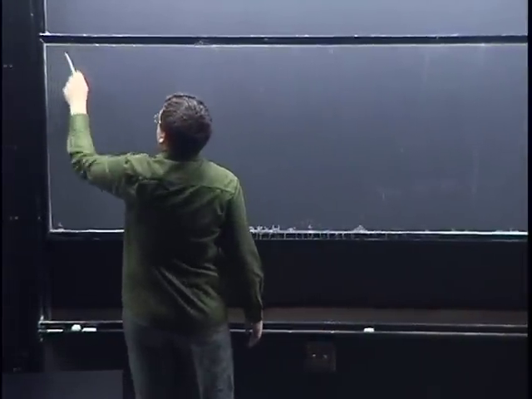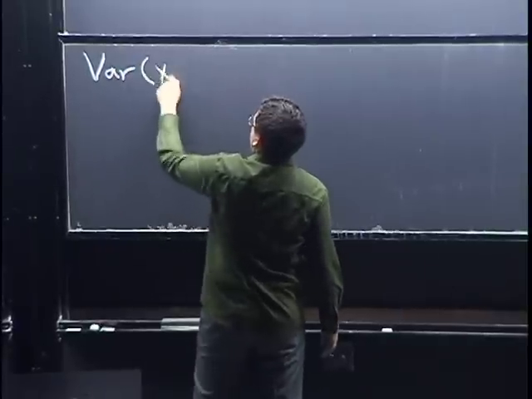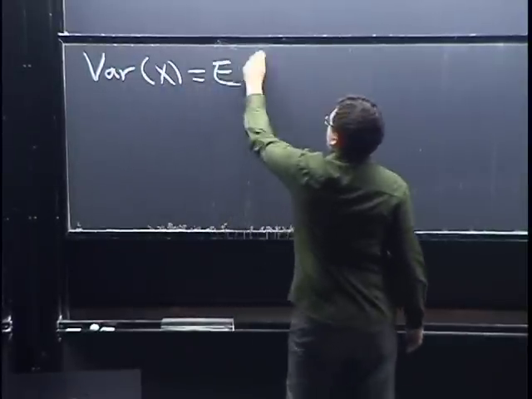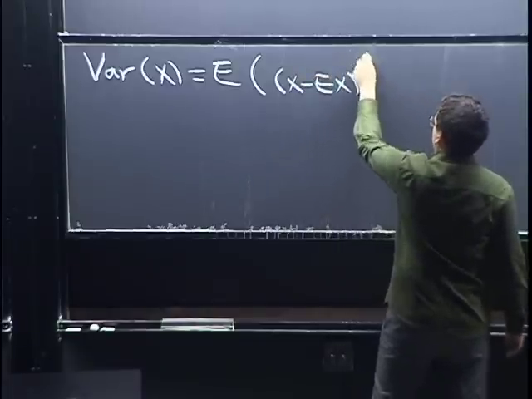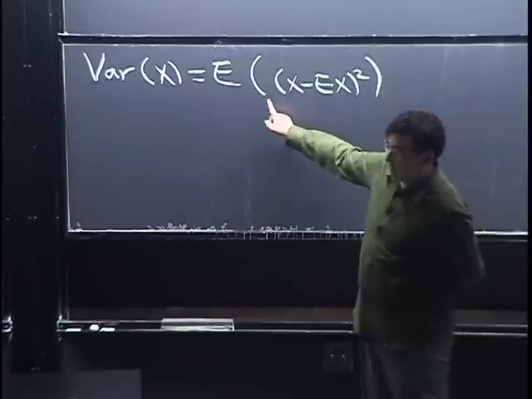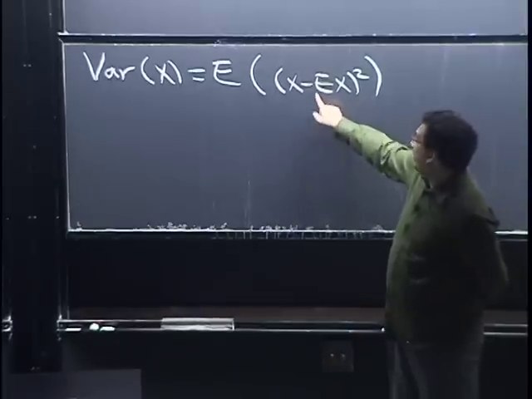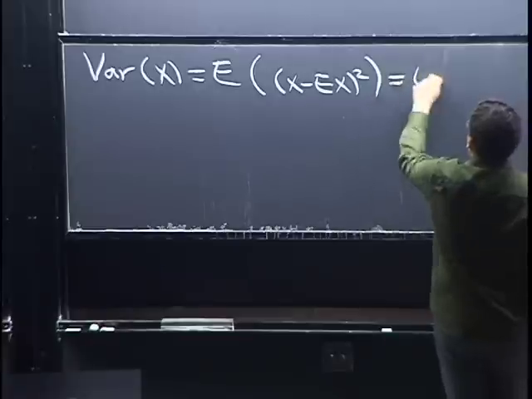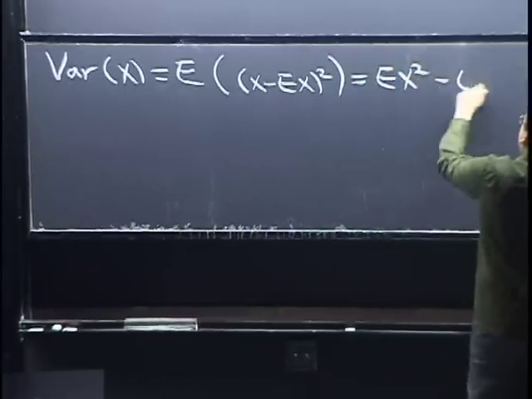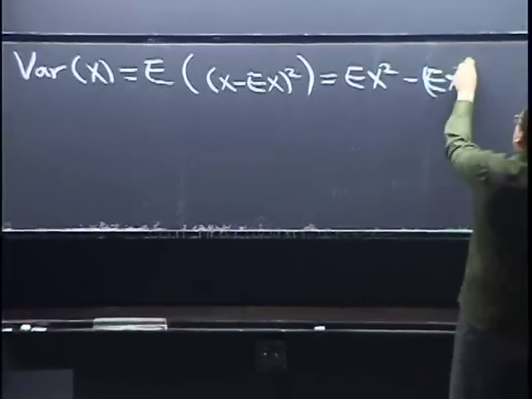Remember, there are two ways to write variance. The definition is to subtract off the mean and square it: the average squared distance of X from its mean. But we also showed that it can be written as E of X squared, minus E of X, squared the other way.